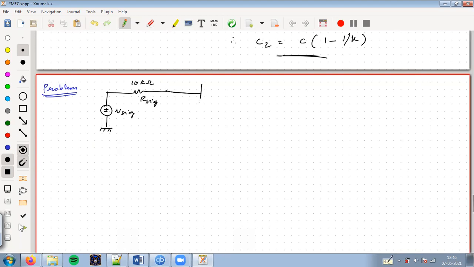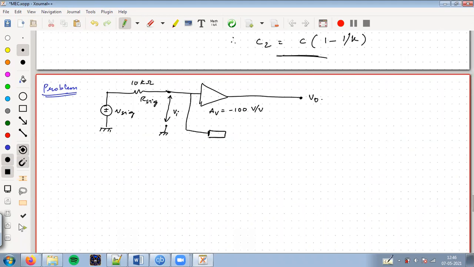This goes to an amplifier which provides a voltage gain of minus 100 volts per volt. The voltage seen between these two points is VI, and you have a feedback impedance Z.